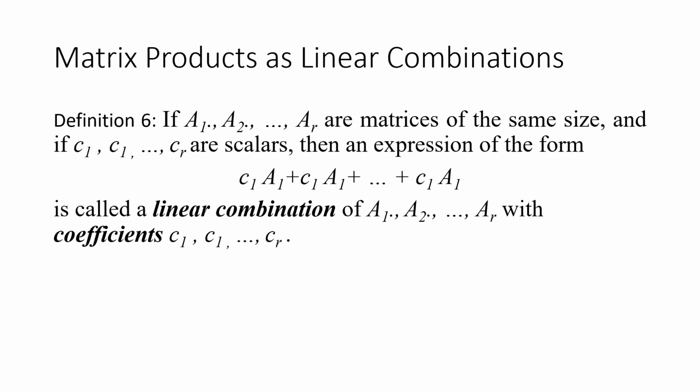If the matrices A sub 1 to A sub R are matrices of the same size, and C sub 1, C sub 2 up to C sub R are scalars, then the expression of the form C sub 1 A sub 1 plus C sub 2 A sub 2 plus up to C sub R A sub R is called a linear combination of A sub 1 to A sub R with the coefficients C sub 1, C sub 2 to C sub R.